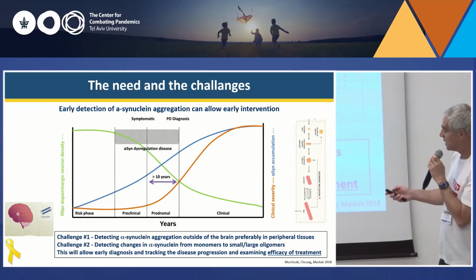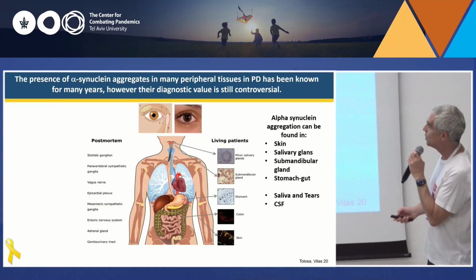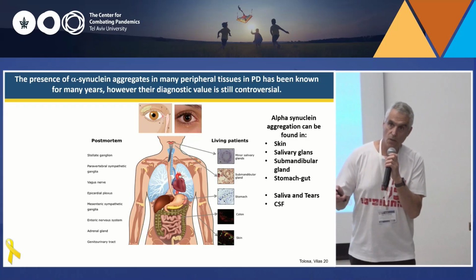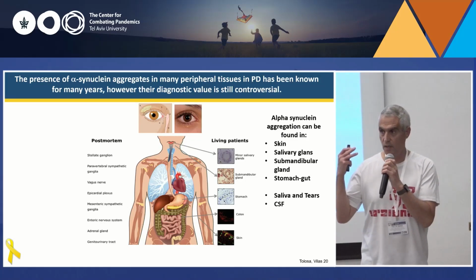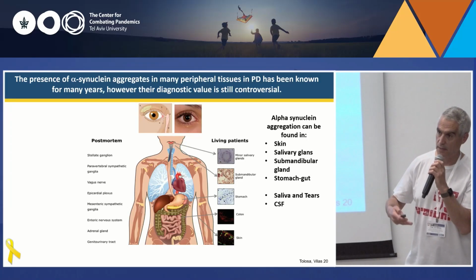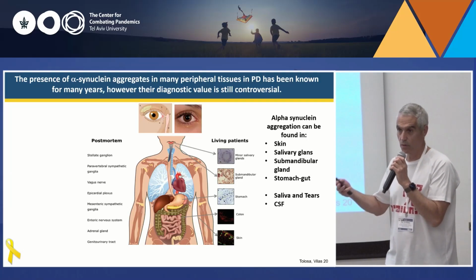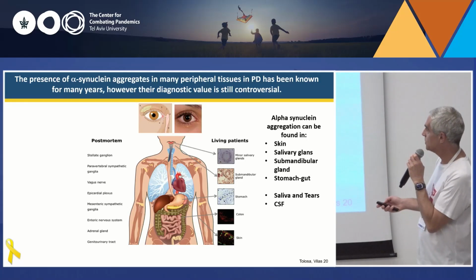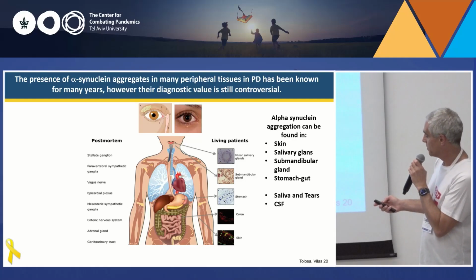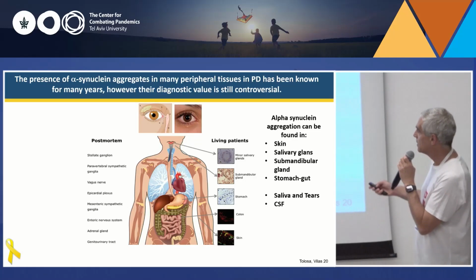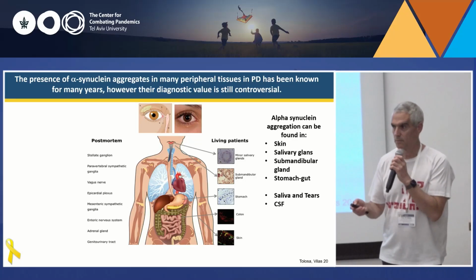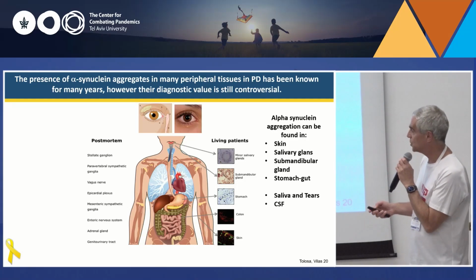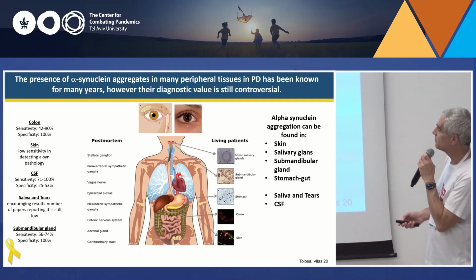So how do we tackle these challenges? Nature made alpha-synuclein a synaptic protein, not only in the brain, but every synapse that innervates our muscles and our sweat glands has synuclein at the end. And it was found in recent years that alpha-synuclein aggregation can be found in many other peripheral systems, in the skin, in the CSF, and many additional tissues.